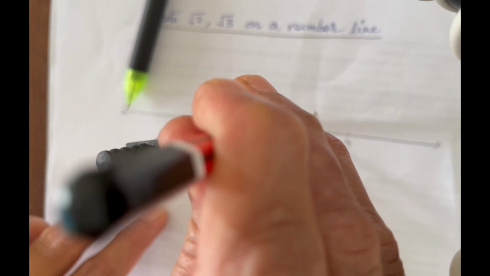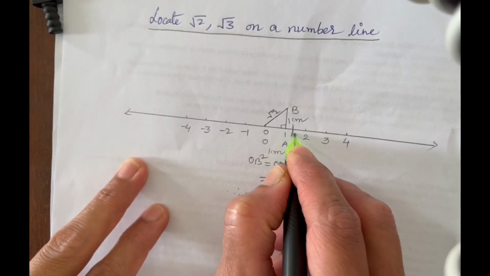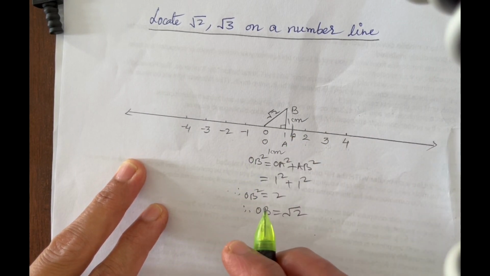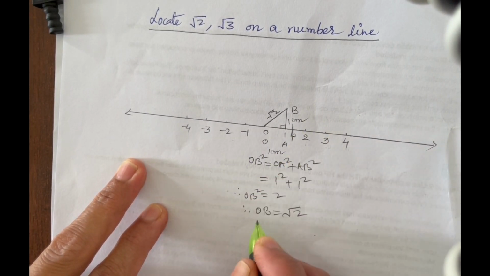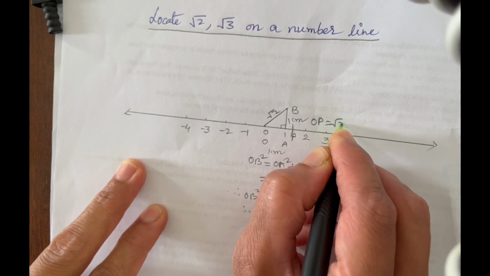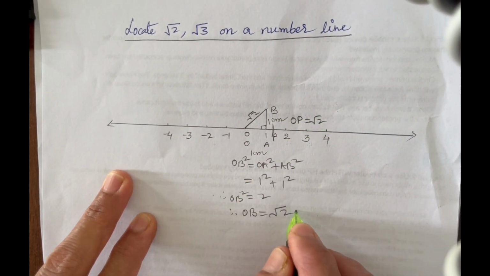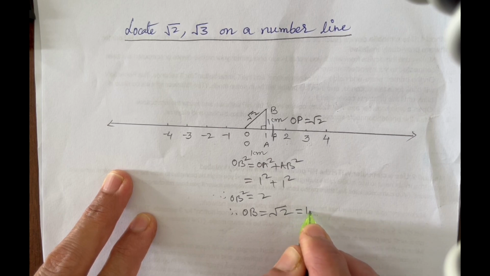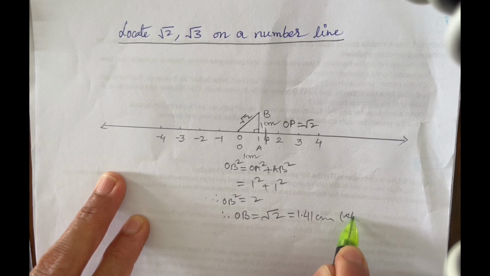Now I'll just cut an arc on the number line. Wherever it cuts, let's name it as P. So your OP is nothing but under root 2. That is, you can say, approximately 1.41 centimeter.